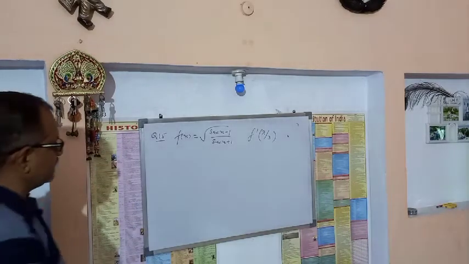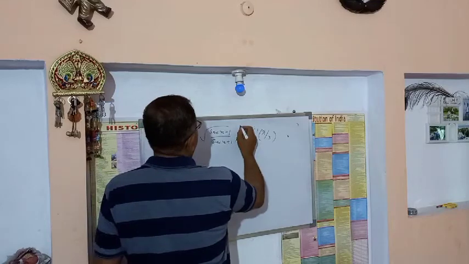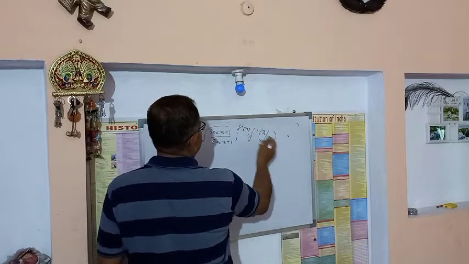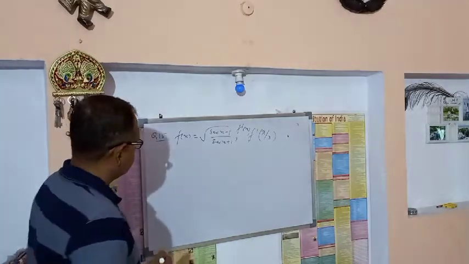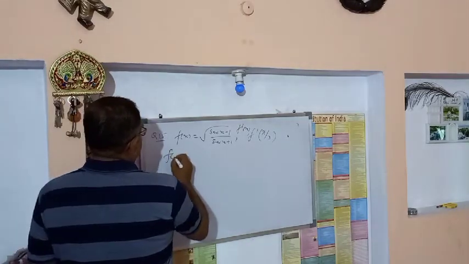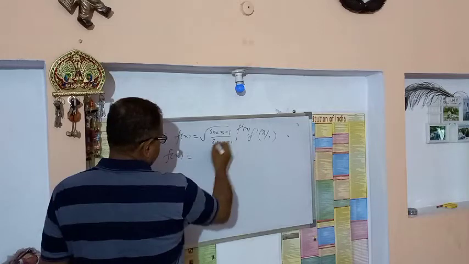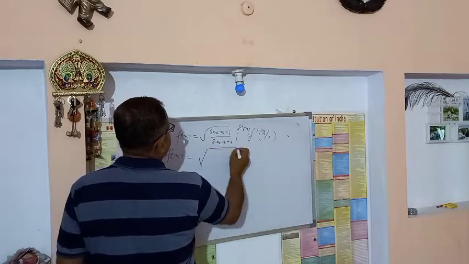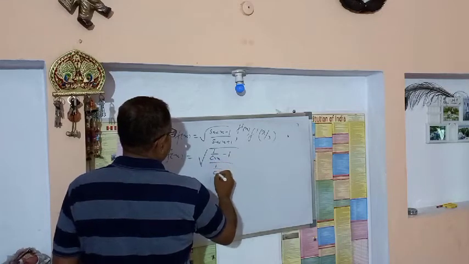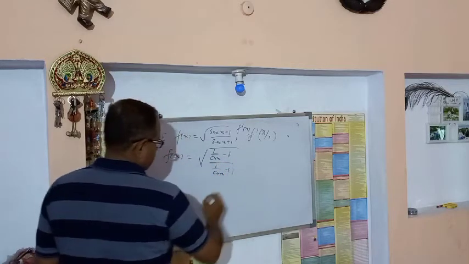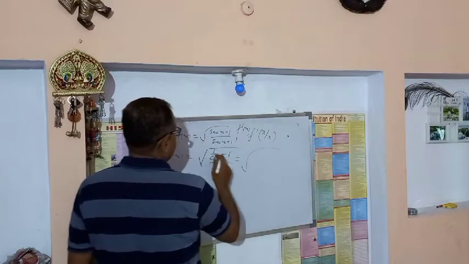Firstly we have to find f dash x, then f dash pi by 3. f dash x means derivative of f(x). Let us simplify this one. Sec x means 1 by cos x, minus 1, upon 1 by cos x plus 1. Take LCM here.